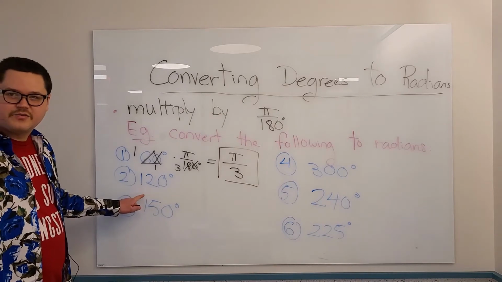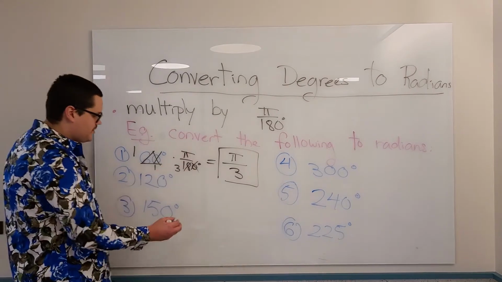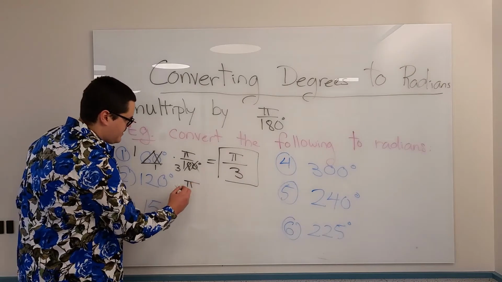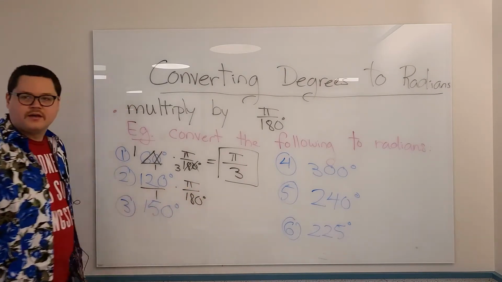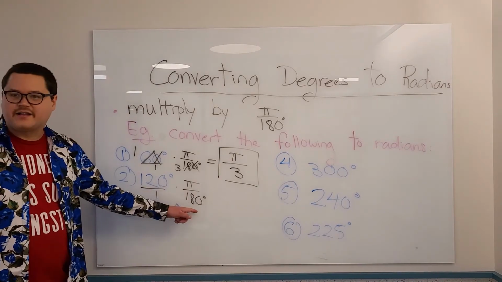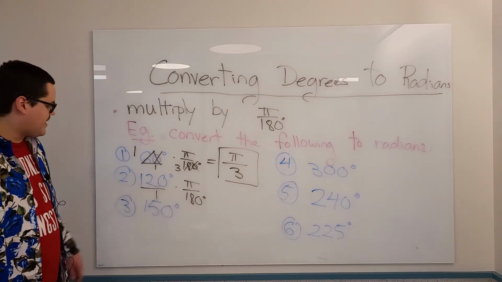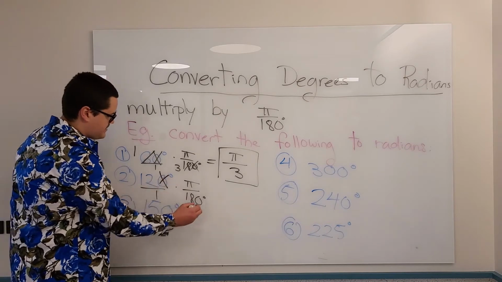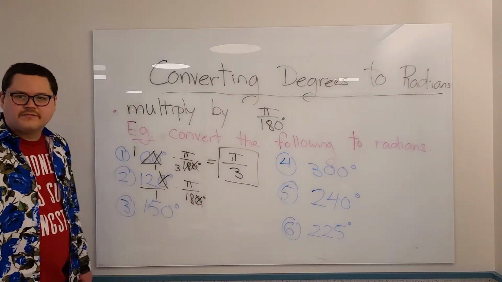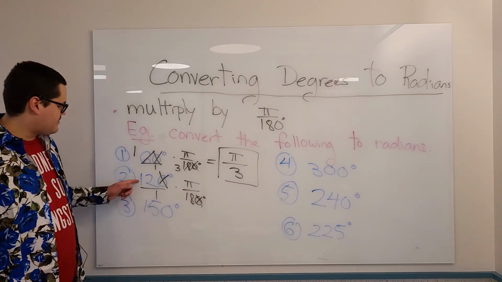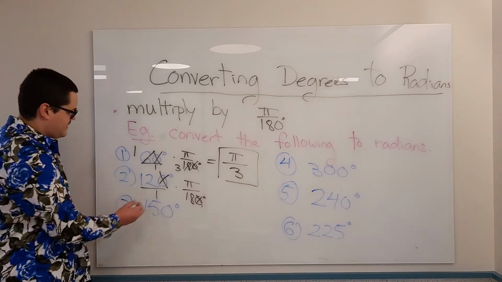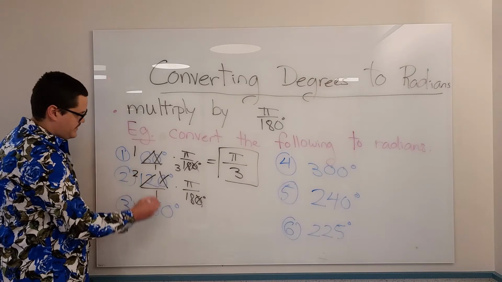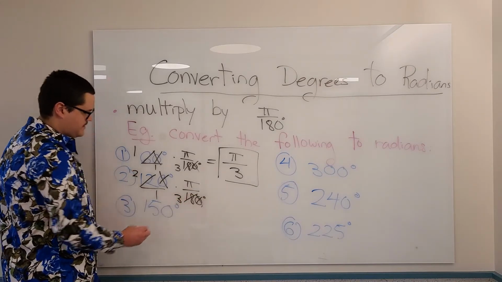Okay. What about 120 degrees? Well, multiply by pi over 180. So again, the zeros at the end are really just factors of 10, so we can cancel those out. Can we think of any common factors of 12 and 18? Yeah, 6. So 6 goes into 12 twice, goes into 18 3 times.